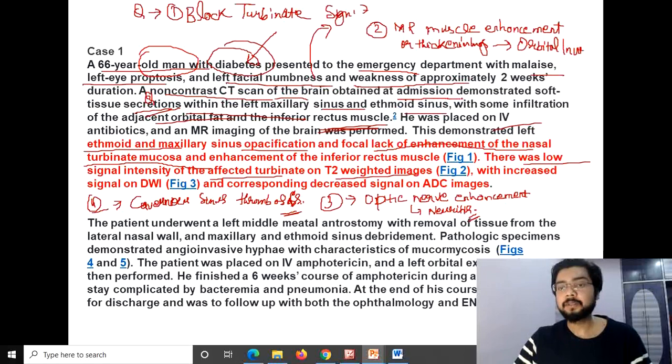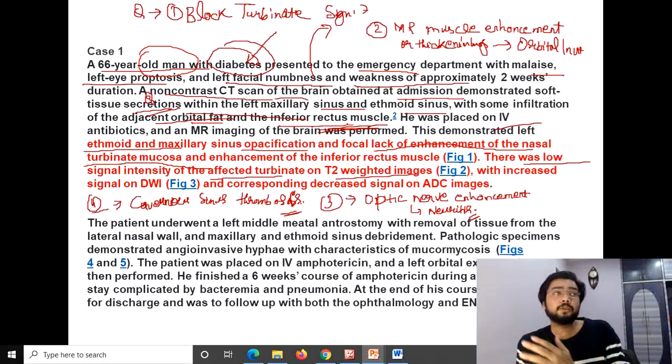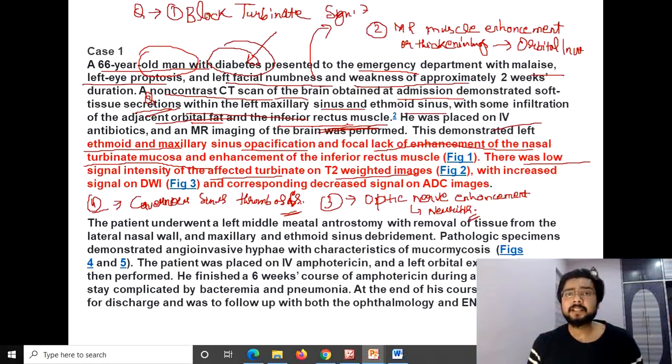A non-contrast CT of the brain obtained at admission demonstrated soft tissue secretions within the left maxillary sinus. That means there is some collection. In non-contrast, you won't be able to tell whether it is enhancing or non-enhancing. So it is just a collection in the sinuses with some infiltration of the orbital fat and inferior rectus muscle. Now in a normal sinusitis case, the infection or the secretions just remain in the sinuses.